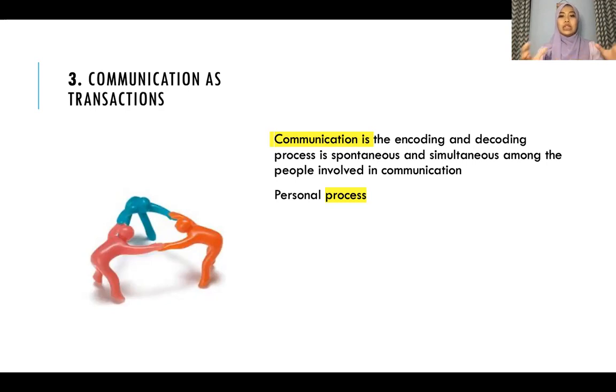Because it happens simultaneously and spontaneously, it is called communication as transaction. And because of that, the process will be personal, not only a static way, because we are communicating deeply with someone else.